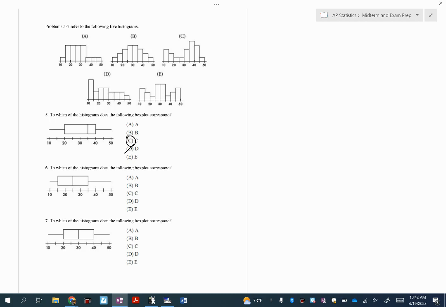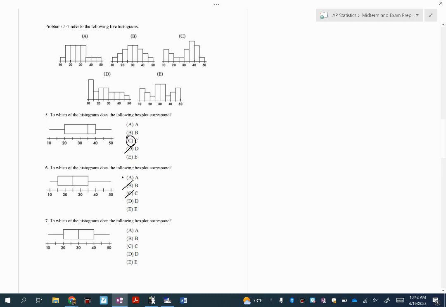Okay, what about 6? What's the median in 6? 25. So let's see. We obviously are ruling out C because we're not going to choose that one again. The median in A could be A, right? Because the median could be around there. And then B, I don't think it's B, right?